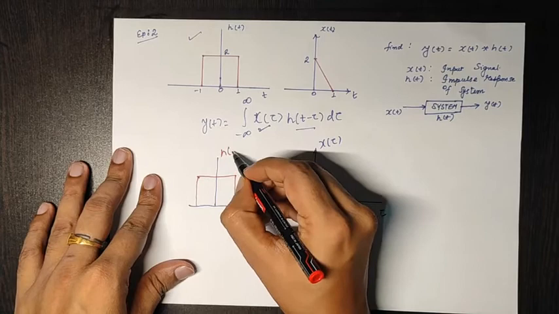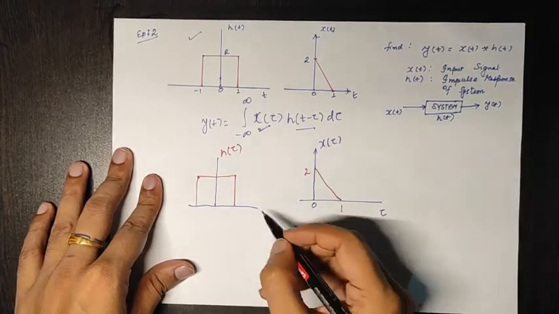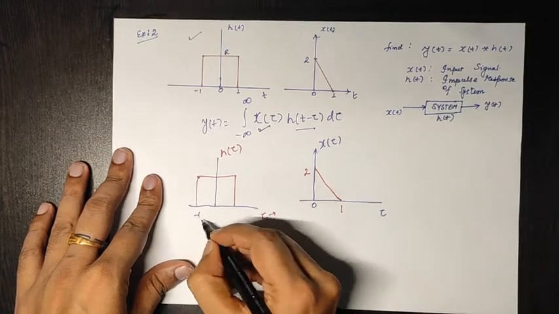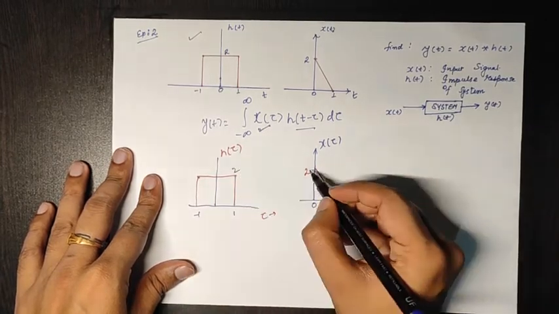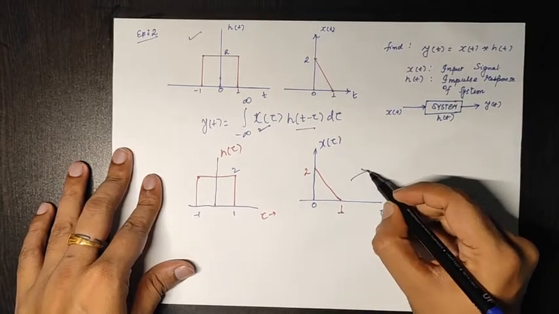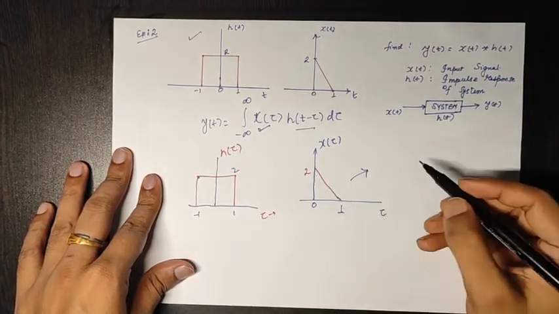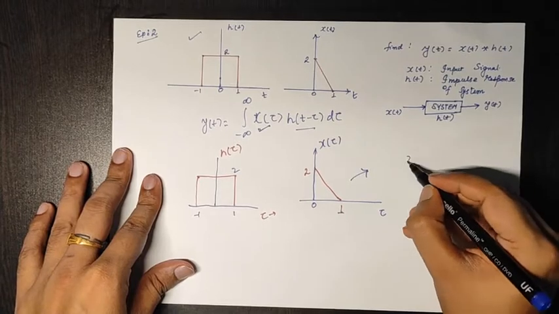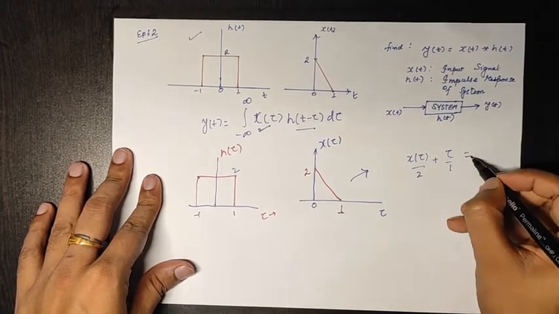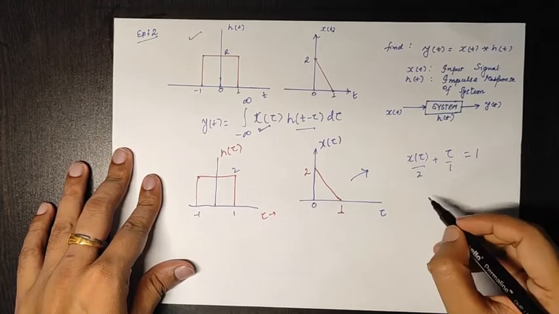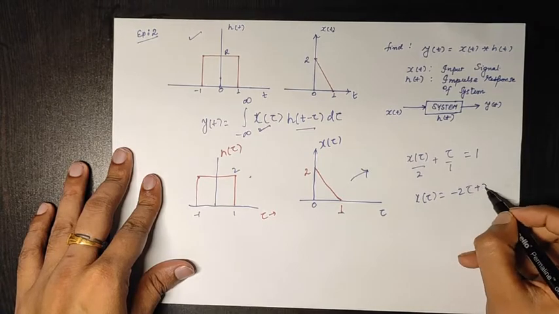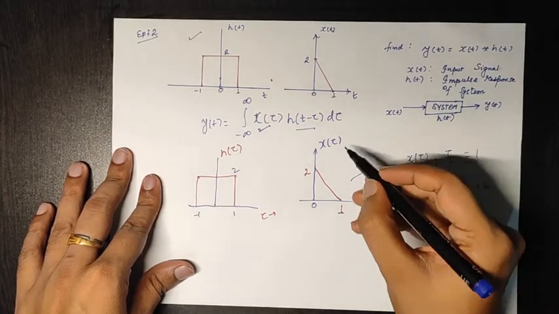So this will be h(tau), from minus 1 to 1. This is 2 units, this is 2 units, this is 1 unit. We can easily write this equation, this is the intercept form. Then we can write x(tau) upon 2 plus tau upon 1 equal to 1. So x(tau) equals minus 2 tau plus 2. This is the equation for x(tau).